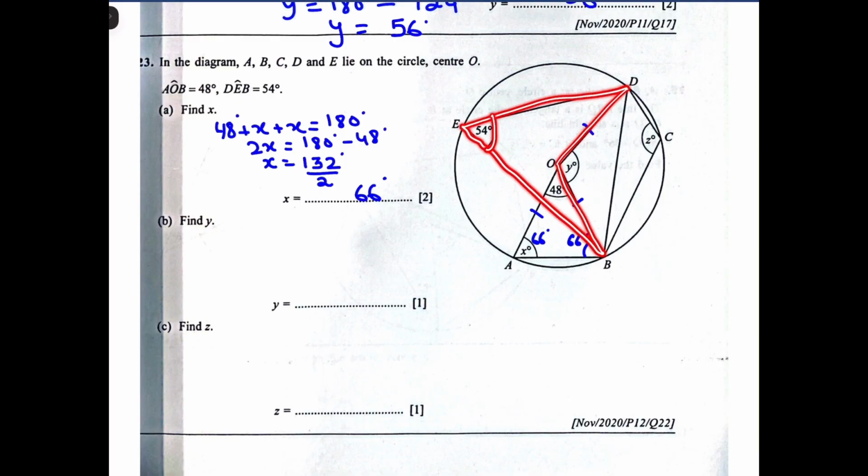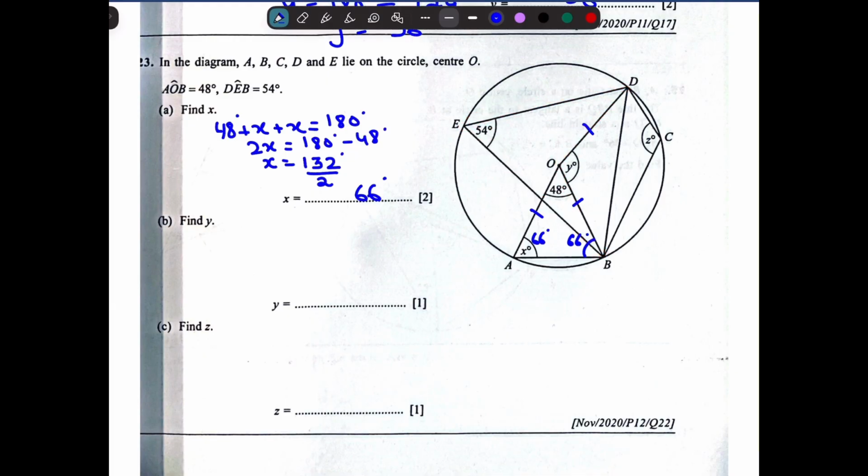So if this is 54, we're just going to multiply 54 by 2 to get the center angle. So y is going to be 54 into 2, which gives y to be 108 degrees. Okay, so this is going to be 108 degrees.